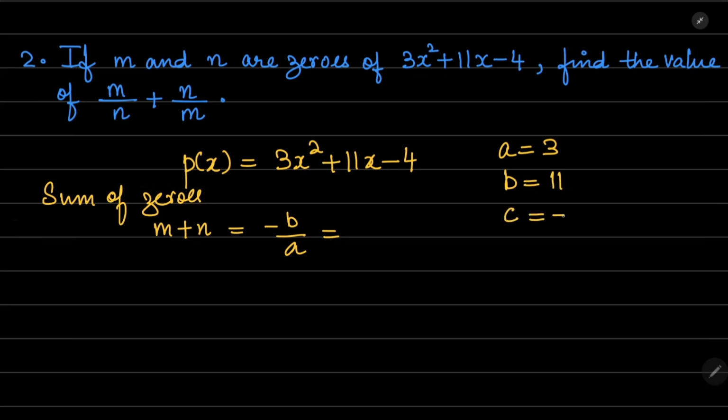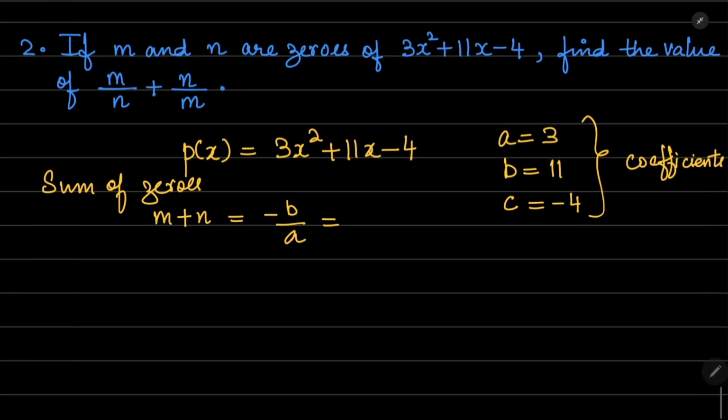And c is −4. These are called the coefficients of the polynomial. So the sum of the zeros, m + n = −b/a, which is nothing but −11/3.